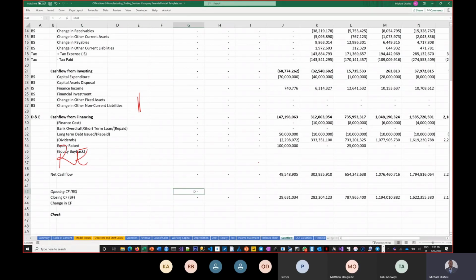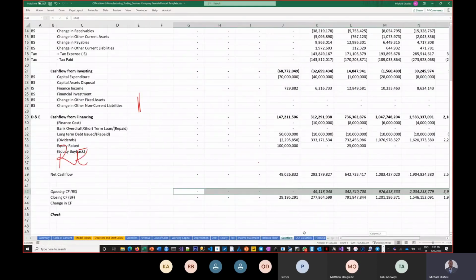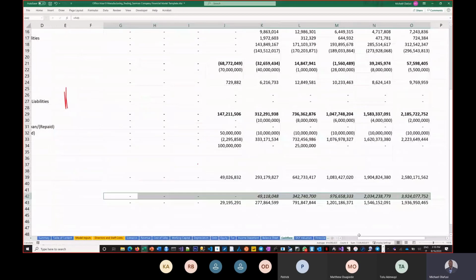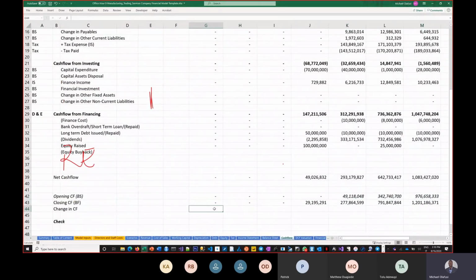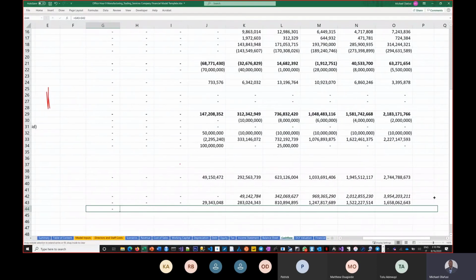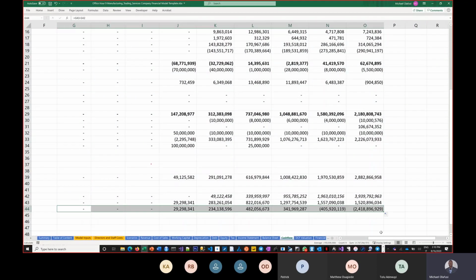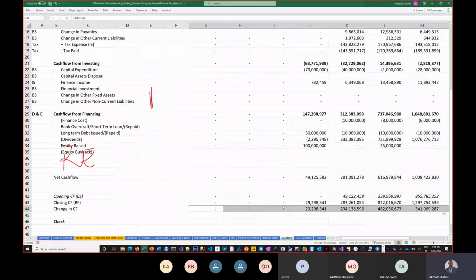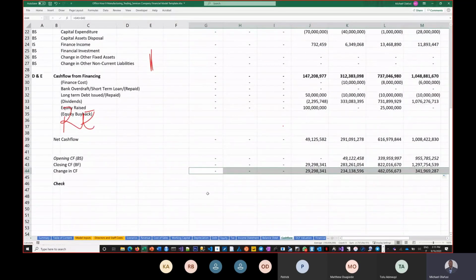What you close with last year is what you open with this year. I drag that. Okay, and then the check that we are talking about is equal to closing minus opening, and that will give us the check, change in cash. So this change in cash is this one minus this. Is it coming to 0?